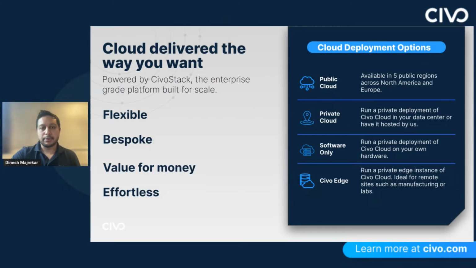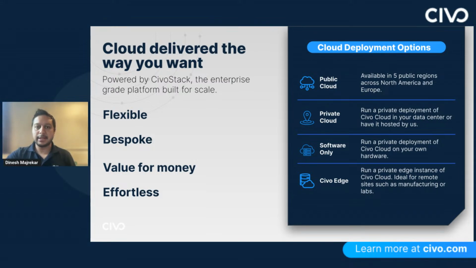I just want to end by reminding you of all of the ways that we can work and deploy Civo. That's on the public cloud in our 5 regions, or a private cloud where the hardware is dedicated to yourselves and provided by Civo. That can be either in a data center of your own choice or in one of the sites that we have already, but ensuring that only your workload is deployed to it.